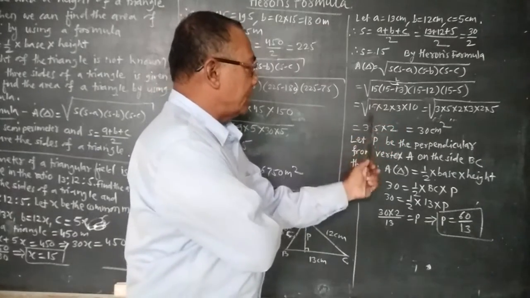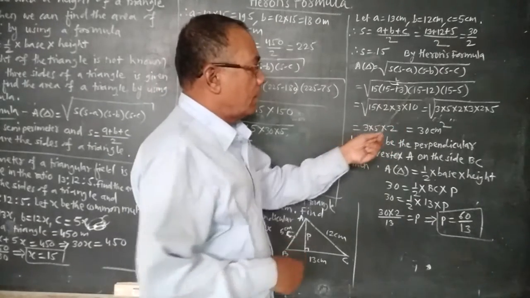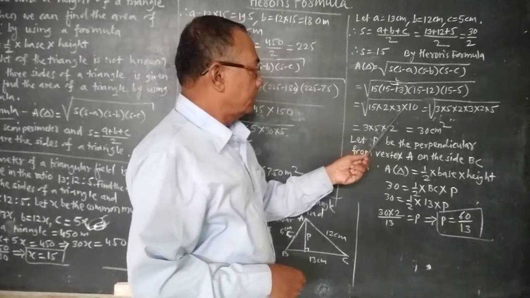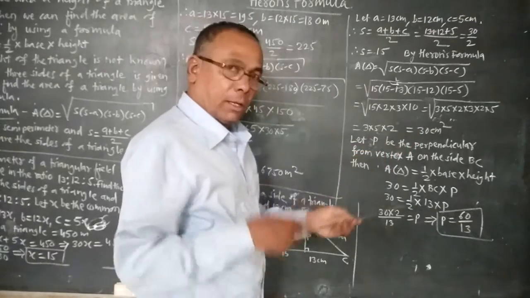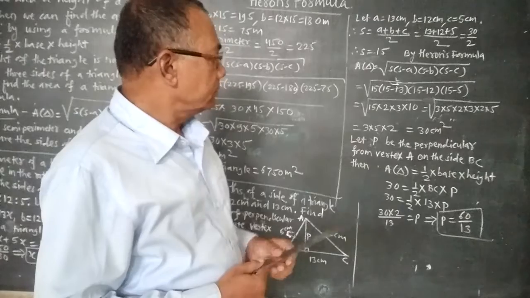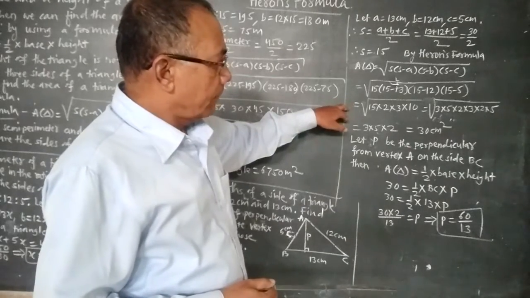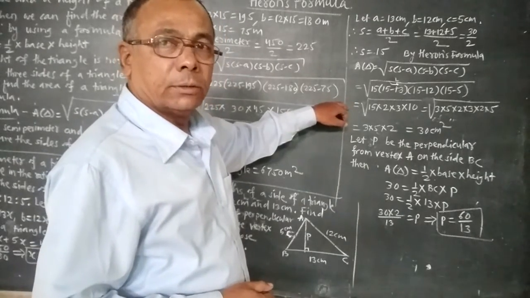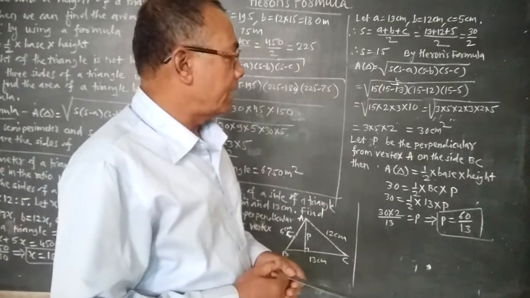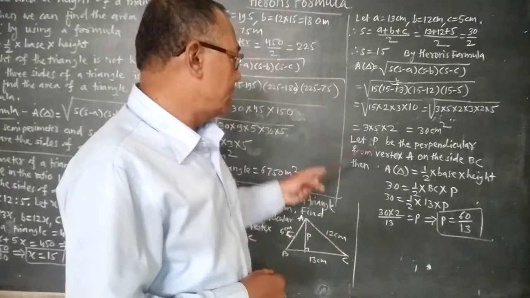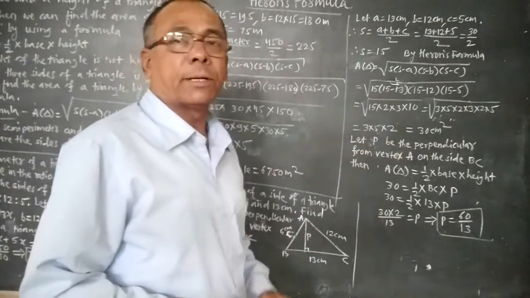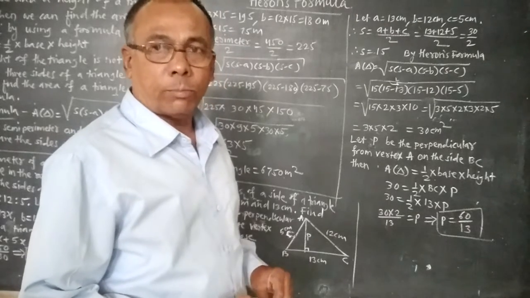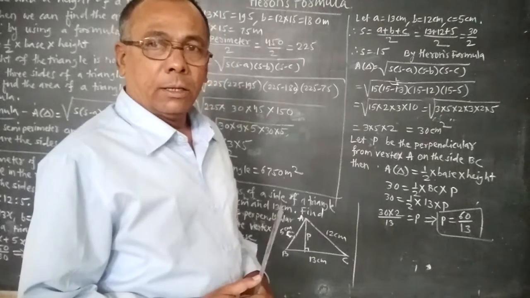Here 15 as it is, 15 minus 13 is 2, 15 minus 12 is 3, and 15 minus 5 is 10. After factorization of the above value and taking the square root, we will get the value 3 into 5 into 2, that is equal to 30 centimeter square, and which is the area of the triangle.